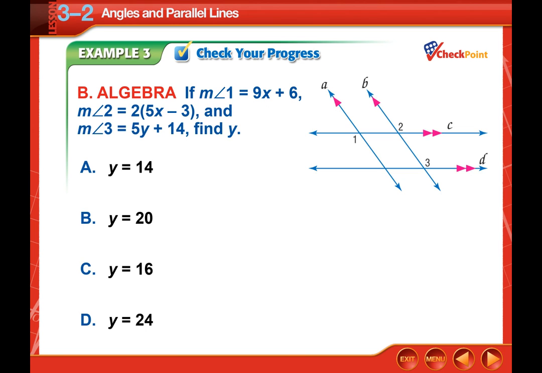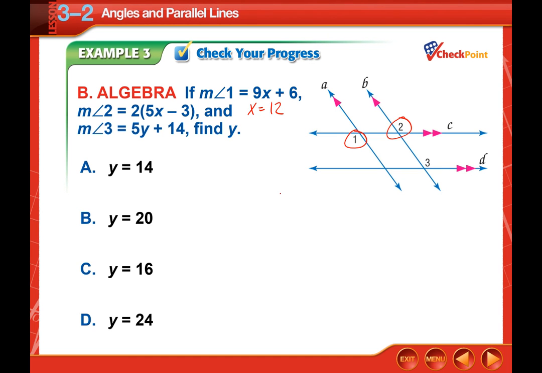Okay, here we still have this same information, but now they need us to find y. Okay, we know what x is given our previous example, that x is equal to 12. We had done that by relating angle 1 and angle 2. Well, now we need to add angle 3.